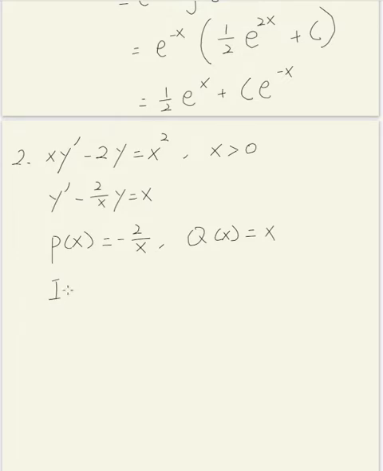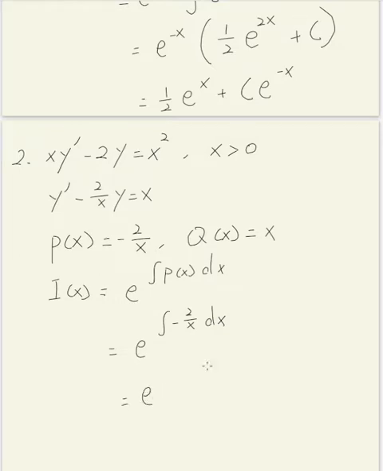And the integrating factor using the formula is e to the integral of p of x dx. So we have, this is e to the integral of minus 2 over x dx.